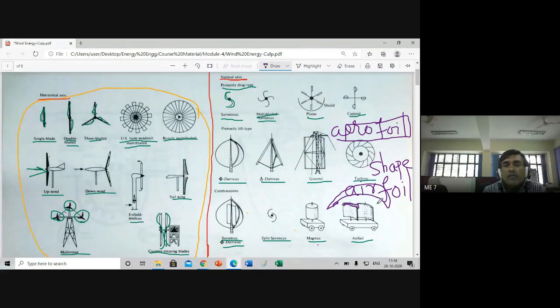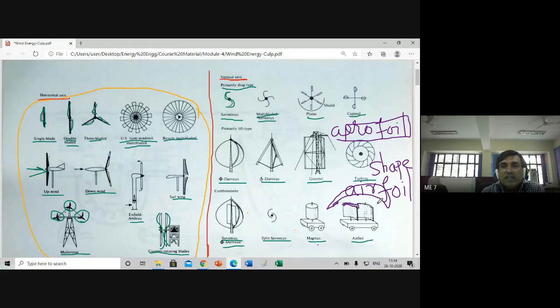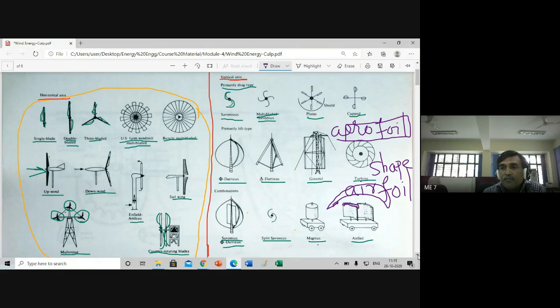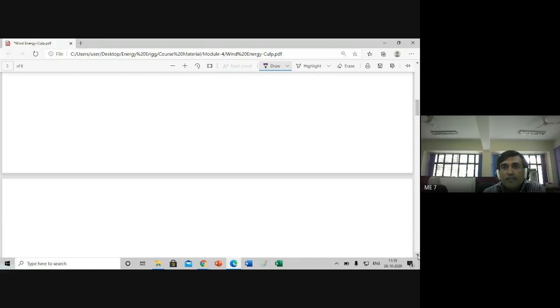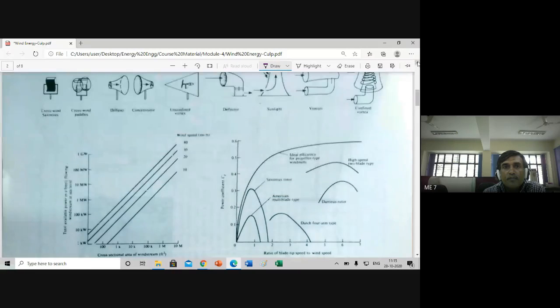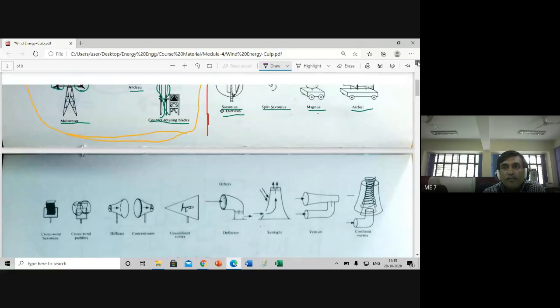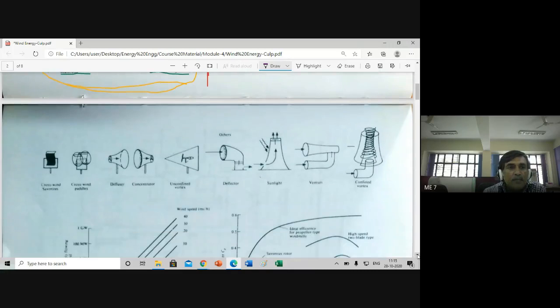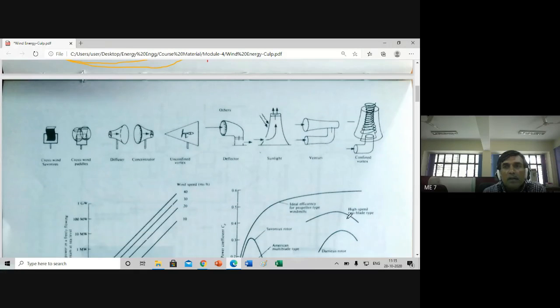Okay. So now we have looked at various designs of the blades. Now let us go to the next. Anyhow, all these things I will send to you by email. Okay, these diagrams, just you see. Some other diagrams you see.